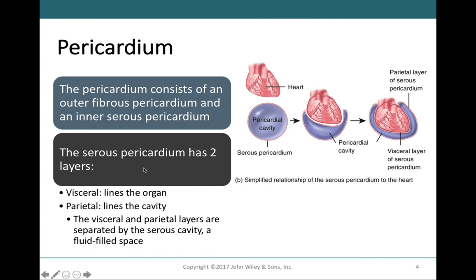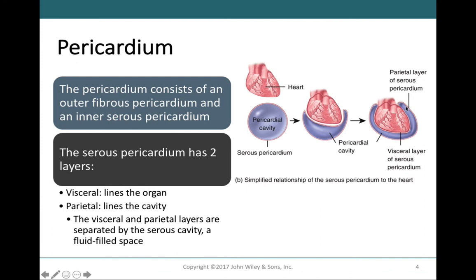Each of these layers has their own name. The outermost layer is the parietal layer, and the innermost layer that actually contacts the organ itself is known as the visceral layer. Tissues within our body are referred to as viscera, so we call this the visceral layer since it contacts the heart itself.